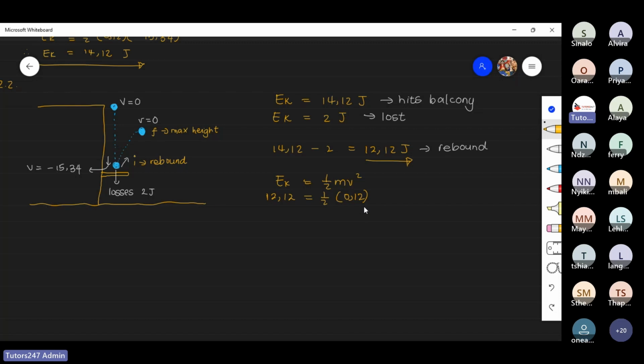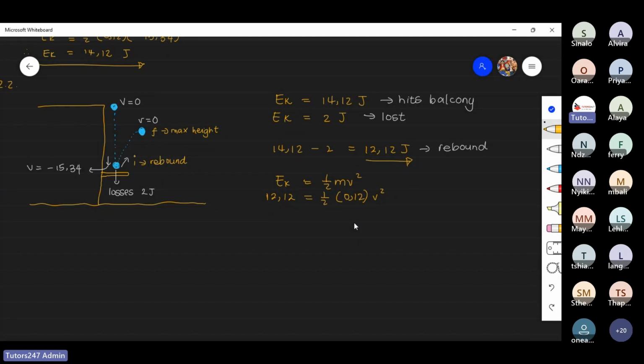Keep in mind that the mass was initially given to us in the very first statement of our question, times velocity squared. But we do not know that velocity. That is what we are trying to calculate.